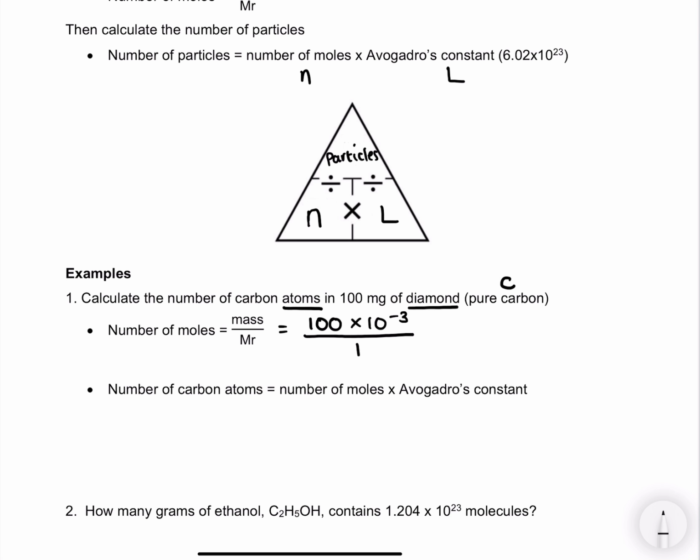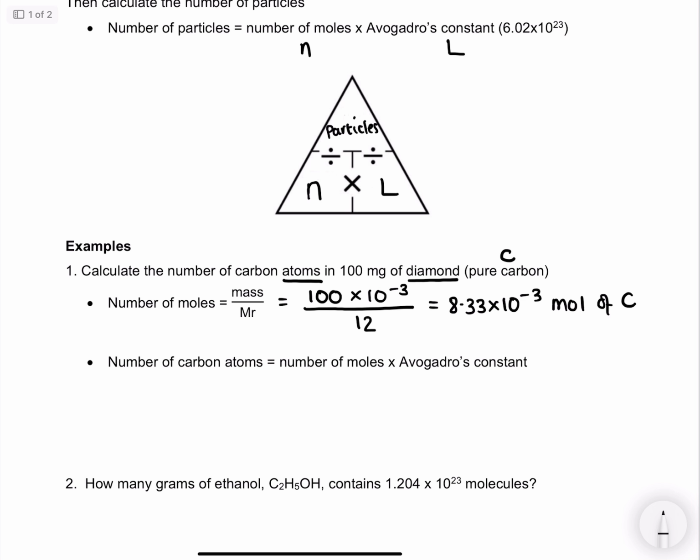I'm going to use the periodic table to look up the Ar of carbon, which is 12, and then we're going to use our calculator to calculate the answer to this. And we're getting 8.33 times 10 to the minus 3 moles of C.